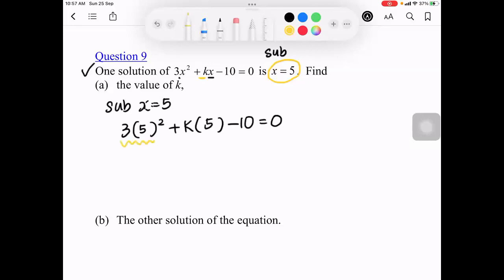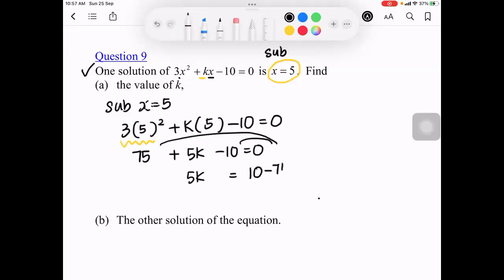I'm going to calculate these. 3 times 5 squared, 75 on my calculator, plus k times 5, 5k, minus 10. So keep my 5k, shift all the number to the other side. This one will be positive 10, not negative, positive 10 minus 75.